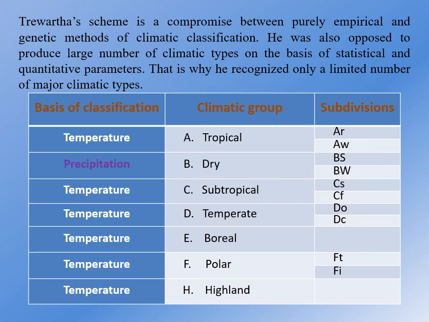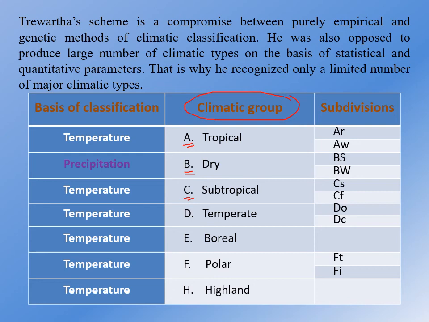The main climatic groups identified by Trewartha are the tropical climate, symbolized as capital A, dry climate symbolized as capital B, subtropical capital C, temperate capital D, boreal capital E, polar capital F, and the highland climates indicated as capital H.